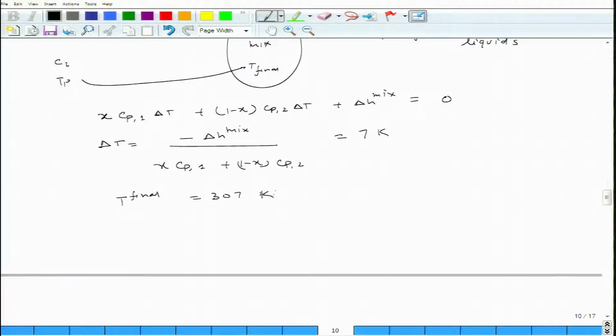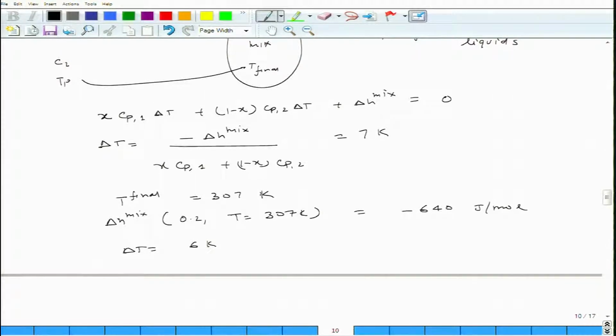Okay. Now, we again go back and find out our delta H mix at 0.2, T equal to 307 Kelvin. We look at the graph, it turns out to be minus 640 joules per mole. Okay. We plug this back in this equation, and we get delta T as 6 Kelvin.